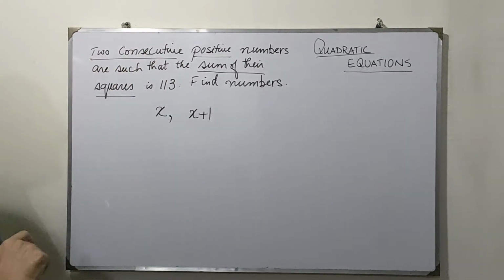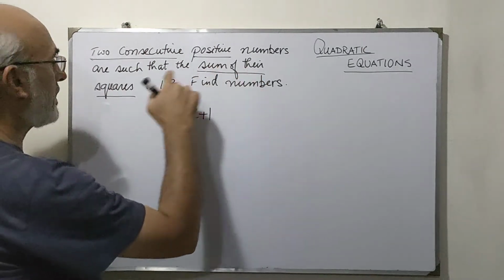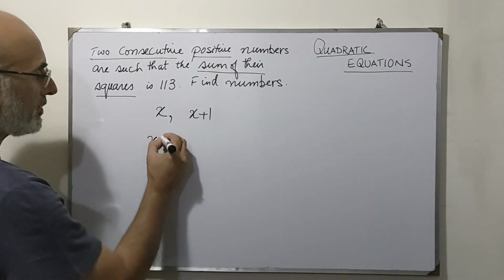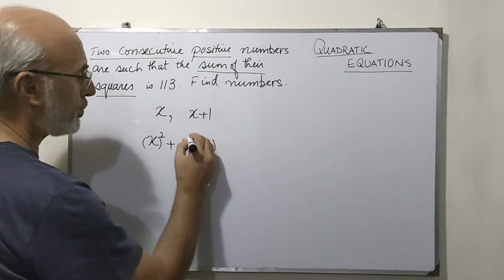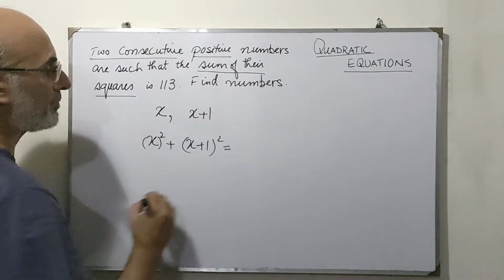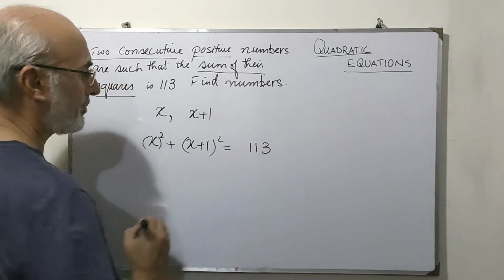The second condition is the sum of their squares. So x square plus x plus 1 whole square equals 113.